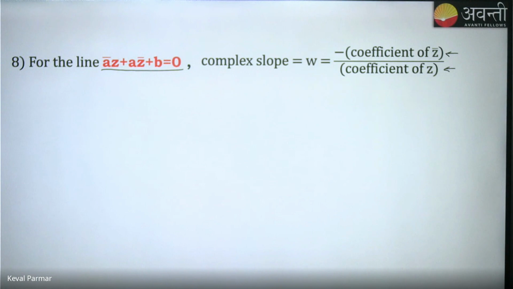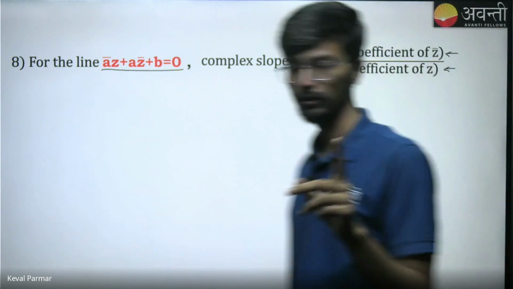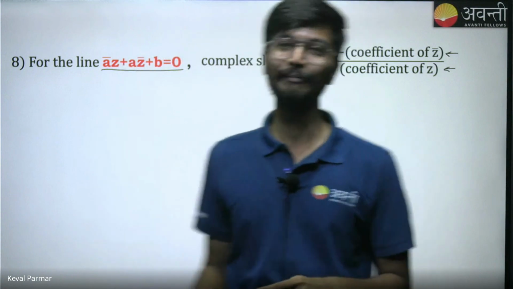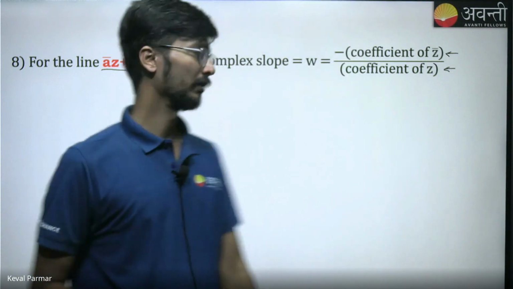So what is the coefficient of z bar? It is a. What is the coefficient of z? It is a bar. Please, this is not a printing mistake. A bar is not a constant.